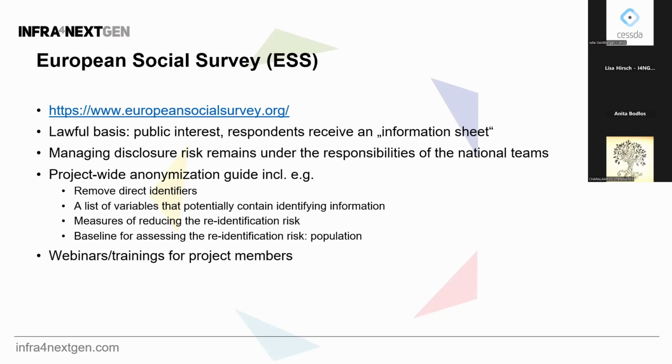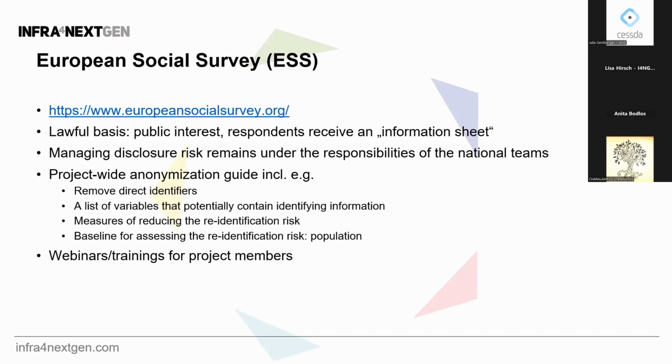The managing of the disclosure risk remains under the responsibility of the national teams, which means that the national research groups are responsible for anonymizing the data up to a level where they say, okay, now we have reached a level of anonymization at which the re-identification risk is very, very small. Before they submit the data to the European Social Survey, they confirm that they have undertaken these measures.